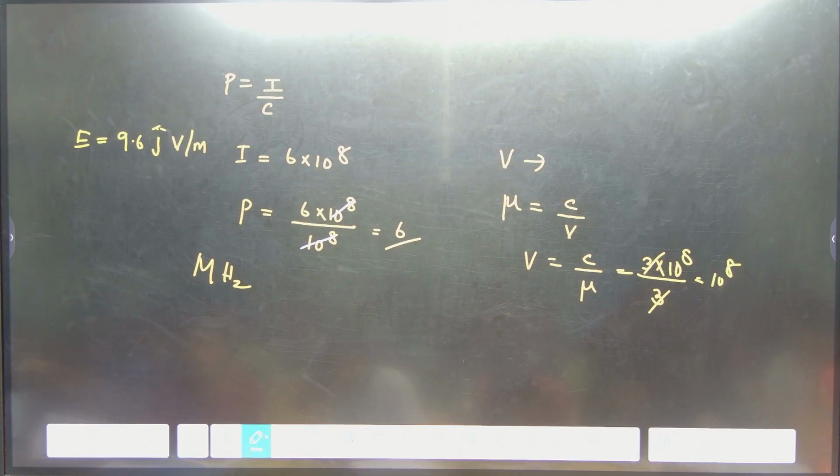It is 3.2 into 10 power minus 8. 32 into 10 power minus 9, or else I can take it as 3.2 into 10 power minus 8.